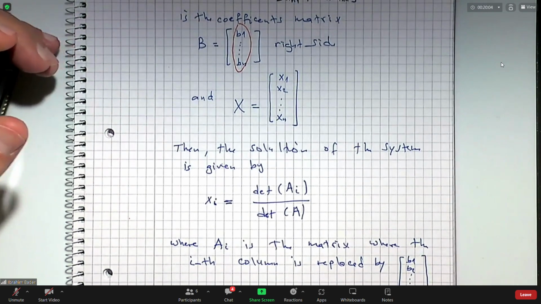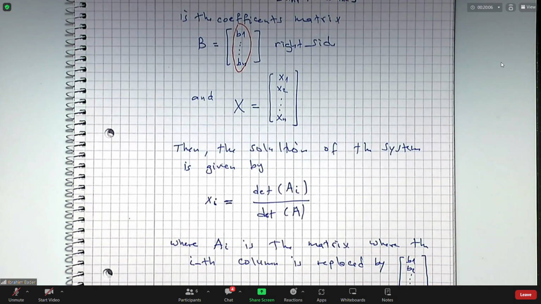So in this way, we can solve the linear system straightforwardly just by constructing these determinants.